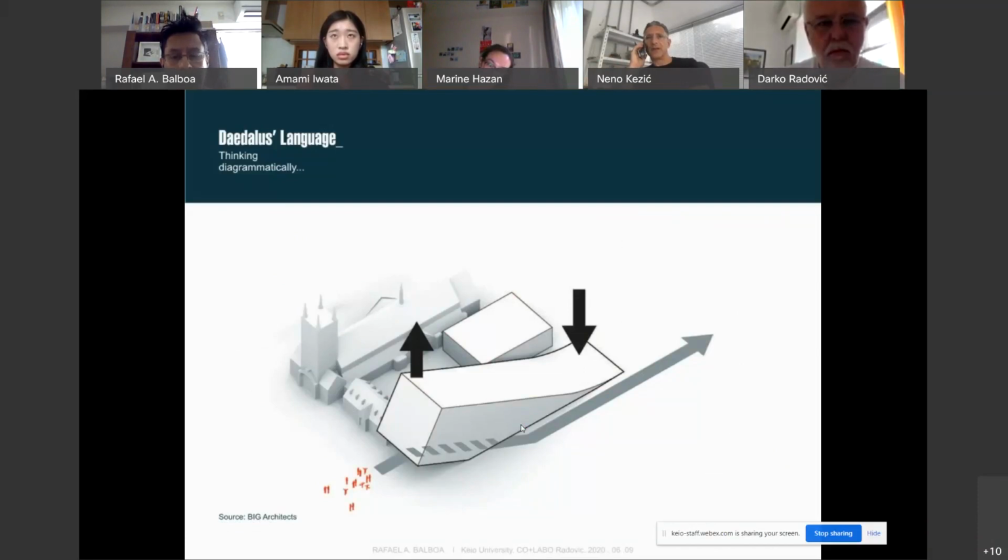But I think it works well just to start to represent your ideas, and it's very clear. No, you push the lower part and you push the other, and then you create some kind of mouth which is under that element, and people can enter. So it's very clear. And again, as I was saying, this is not the project, but it starts to give hints of how the project was logically constructed.